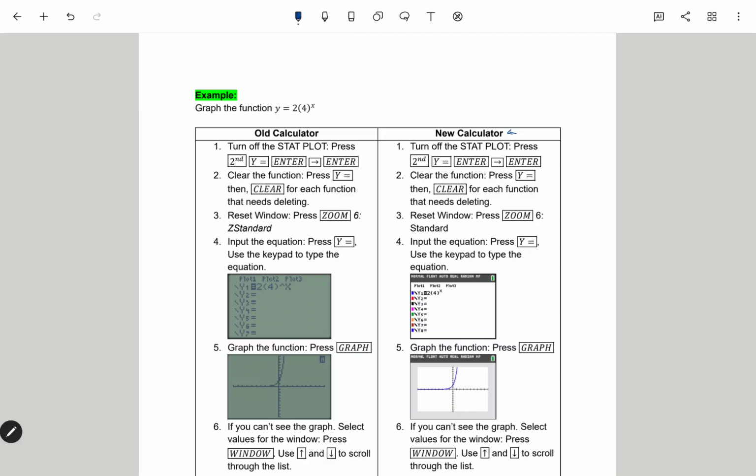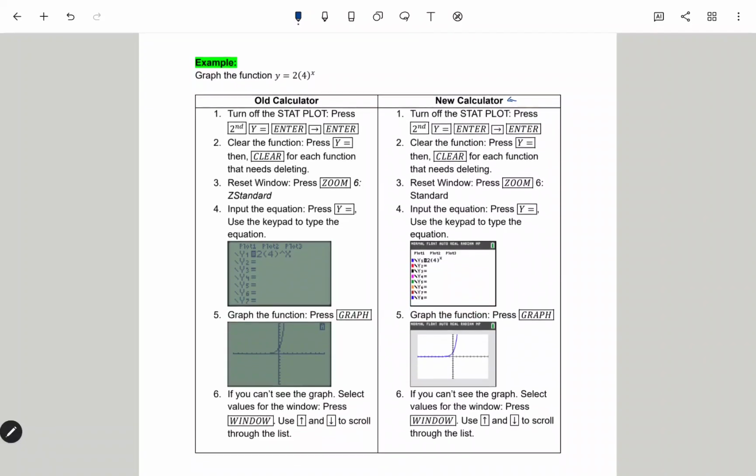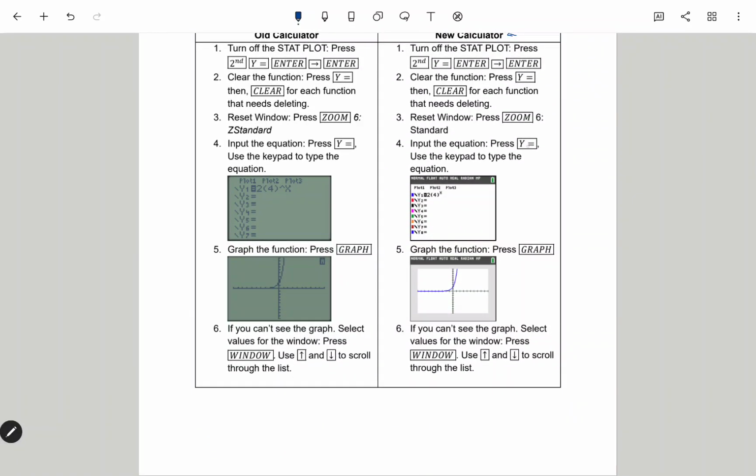All right, so then we're going to go back into our y equals and we're going to clear out any function that might have been in there from before. We're also going to reset our window. So we're going to press zoom and then we're going to hit 6 just to reset our window. All right, so now that everything's clear and blank and new, we're going to input the function. So we're going to go back into that y equals, and using your keypad, you're just going to type the equation.